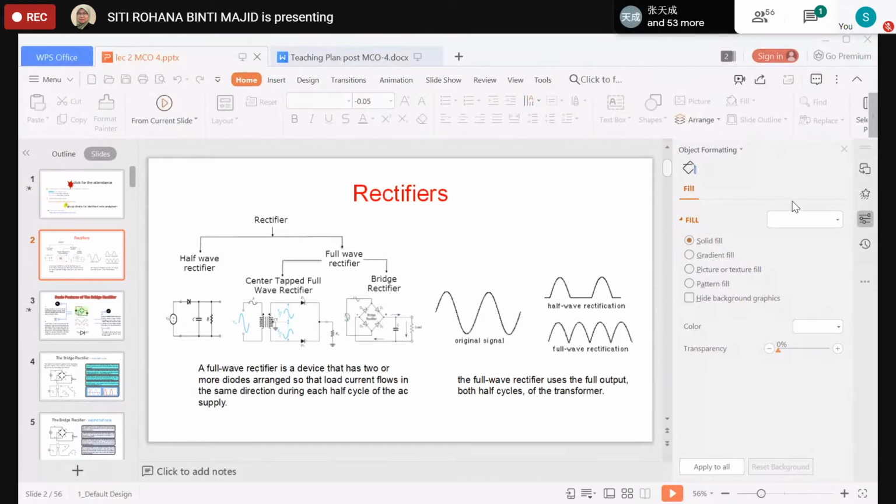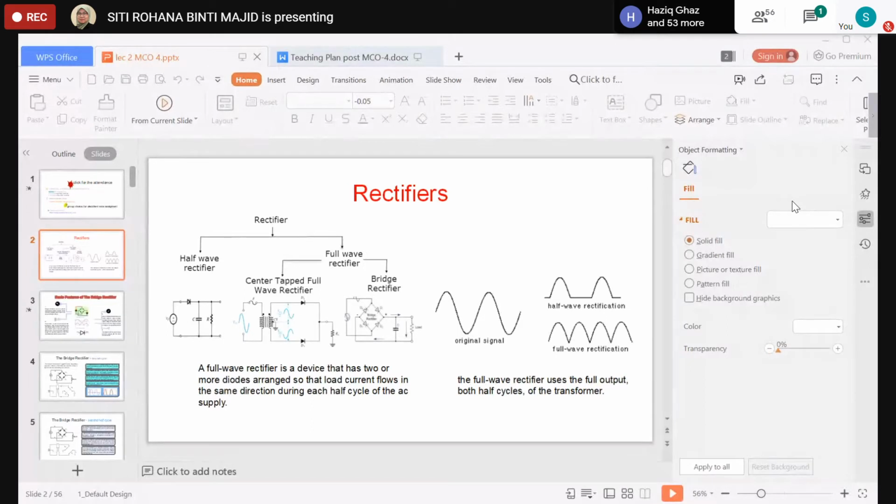In this slide, I want to introduce the basic features of the bridge rectifier, in which we can see that a bridge rectifier has four diodes here. The four diodes are connected in a bridge network, and the diodes conduct in diagonal pairs to give a full wave pulsating DC output.